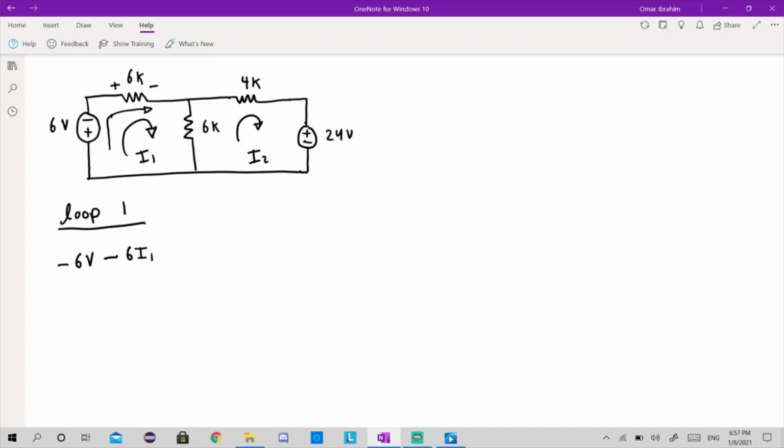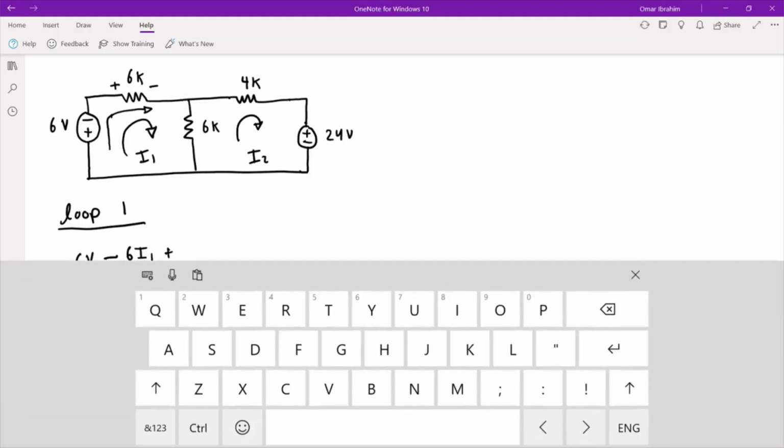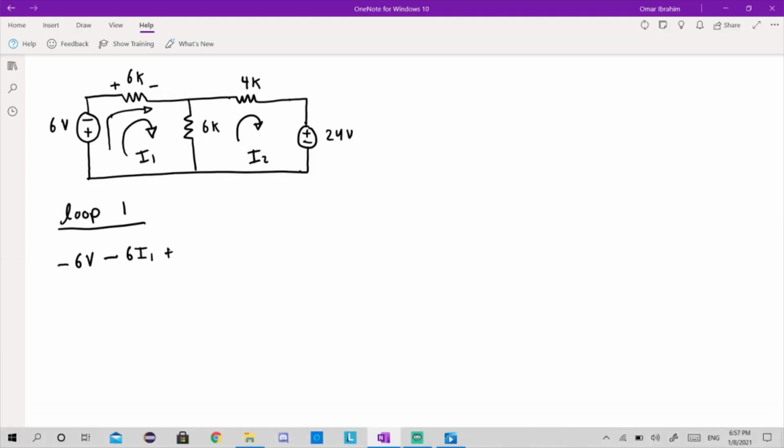Now we're going to go to this part right here. Now, there are actually two currents affecting that resistance. So, the current that's actually traveling through this resistor is going to be I1 minus I2. Since you're doing loop 1 first, you always assume that that current is dominant. Whenever you're going to do these problems, you just have to note that. So I assume that I1 is bigger.